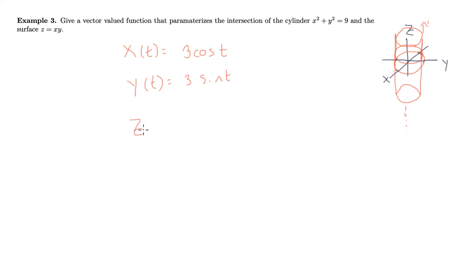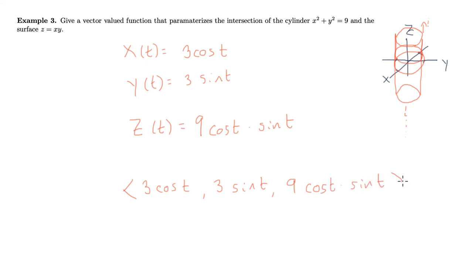But z is just x times y. So x times y is 9 cosine t times sine t. So my function is going to be 3 cosine t, 3 sine t, and then the z-coordinate will be 9 cosine t times sine t.